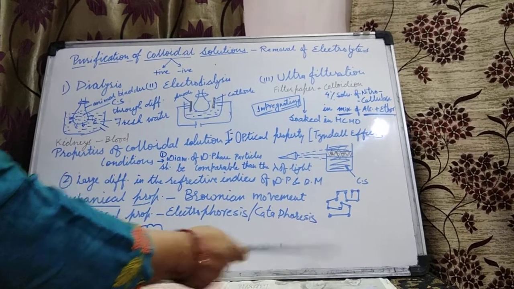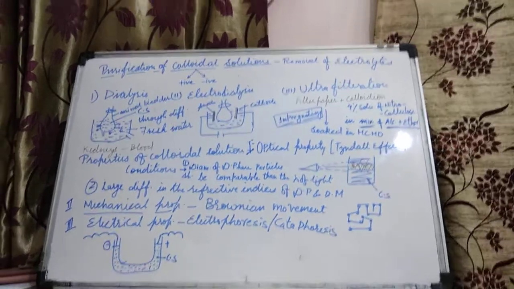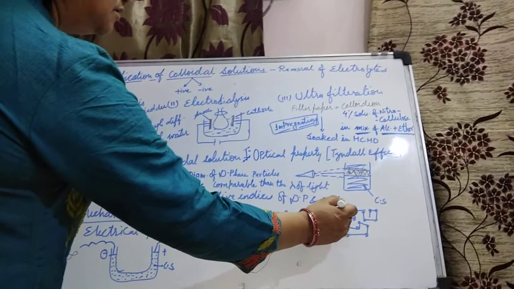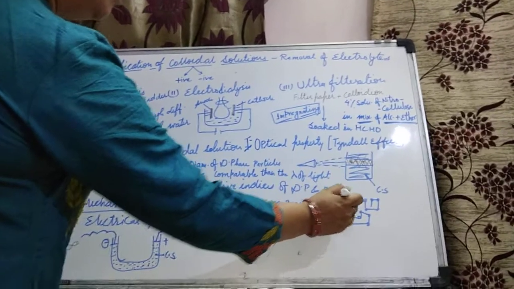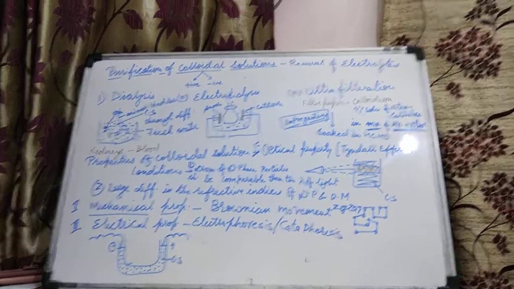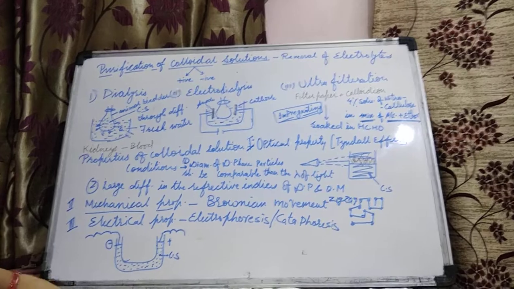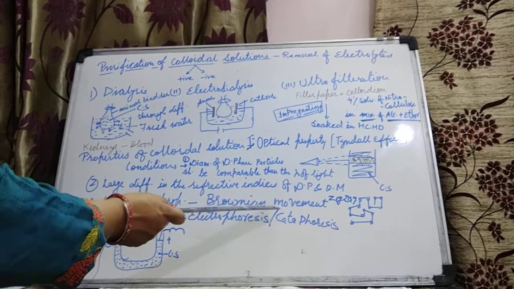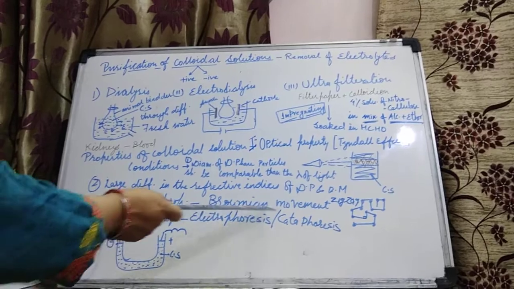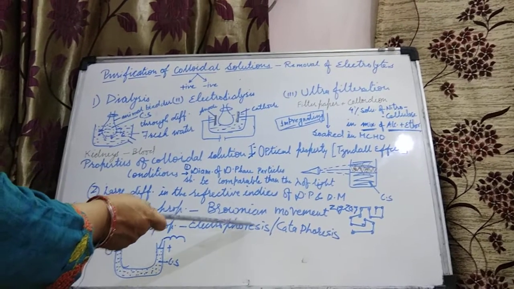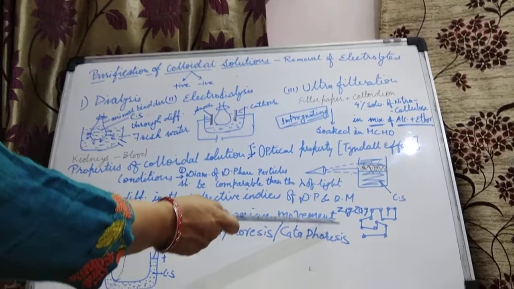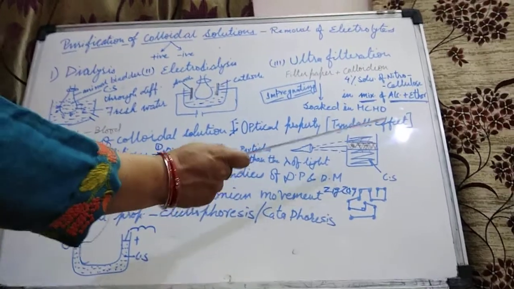It is zigzag motion performed by colloidal particles, called Brownian movement. Again, there is a scientist, Robert Brown. On his name, we call this movement Brownian movement, zigzag motion.